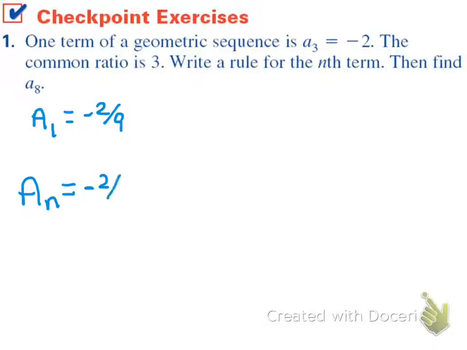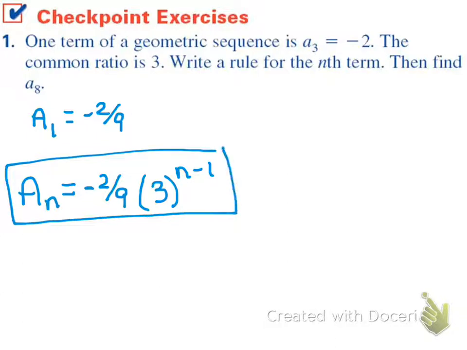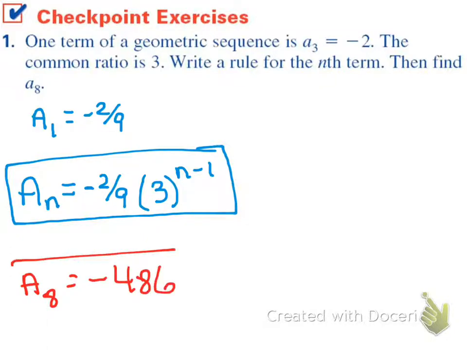The rule for any term you should have found was negative 2/9 times the common ratio, 3 raised to the n minus 1 power. And then after you've done that, the last thing that you were asked to do was to find the eighth term. You should have found that the eighth term was equal to negative 486. If you had any problems with this checkpoint, maybe go back and watch example 3 again. And otherwise, you can ask me questions in class tomorrow.